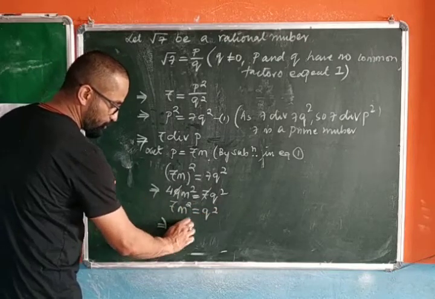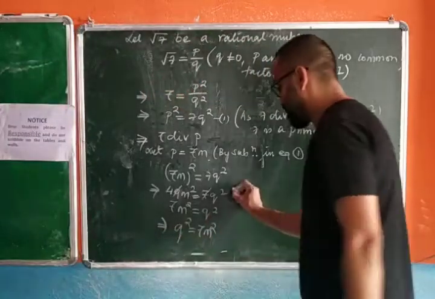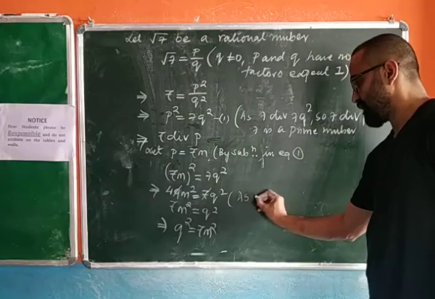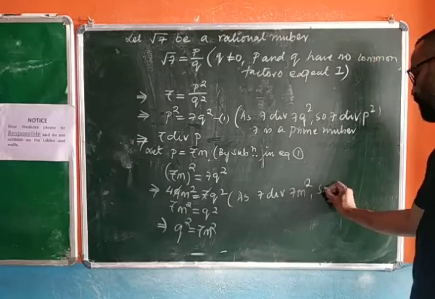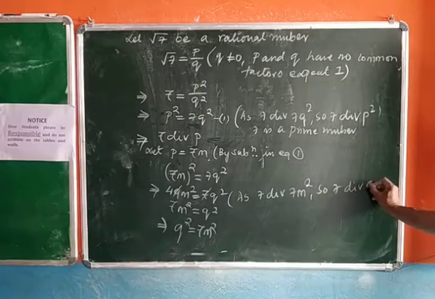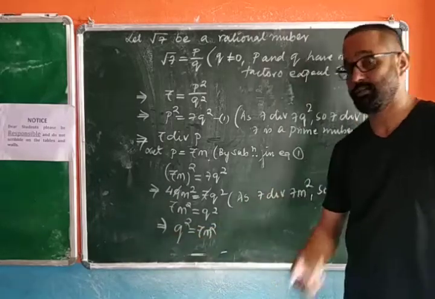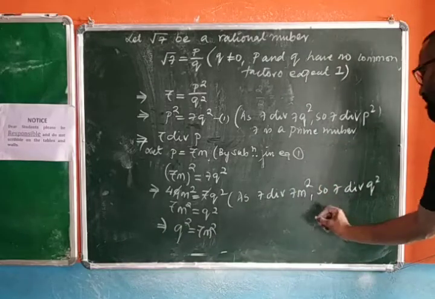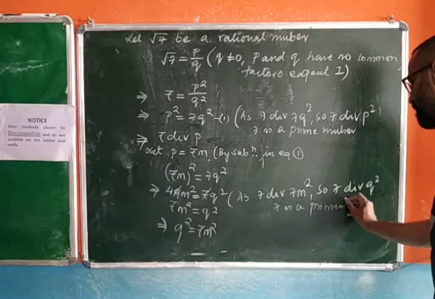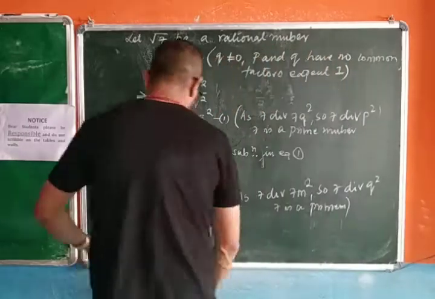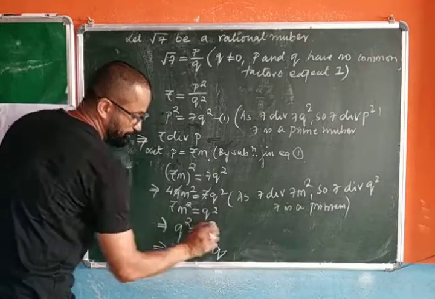Arrange it: q square is equal to 7m square. Now you write here: 7 divides 7m square, so 7 divides q square as well. It can divide the left hand side, so it has to divide the right hand side as well. 7 is a prime number, which implies that 7 divides q.